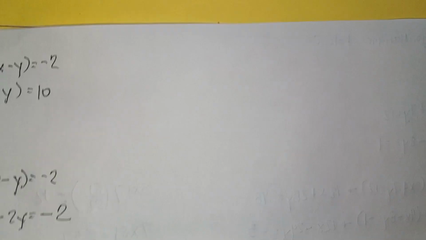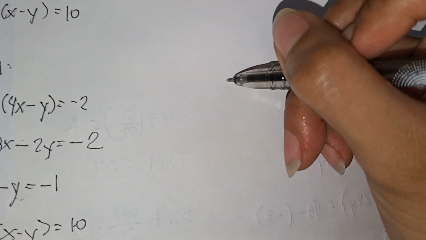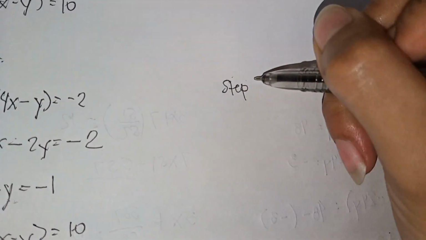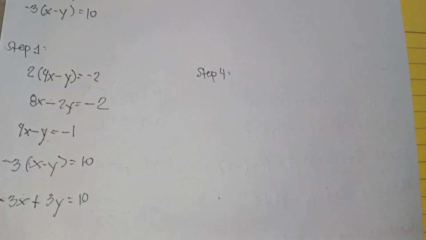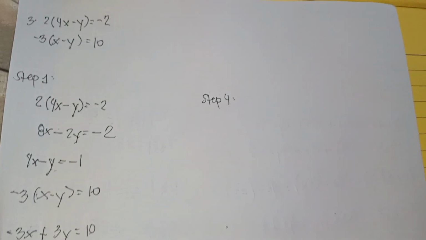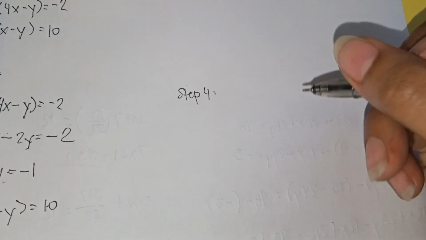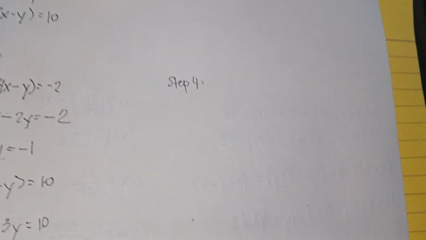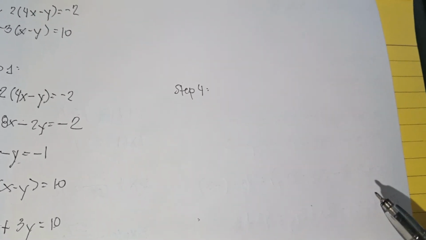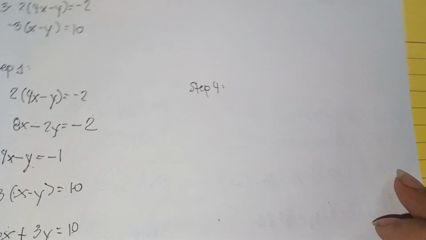For step 4, we're going to find y using the equation y equals 4x plus 1. Now we plug x equals 7 over 9 back into our expression for y.